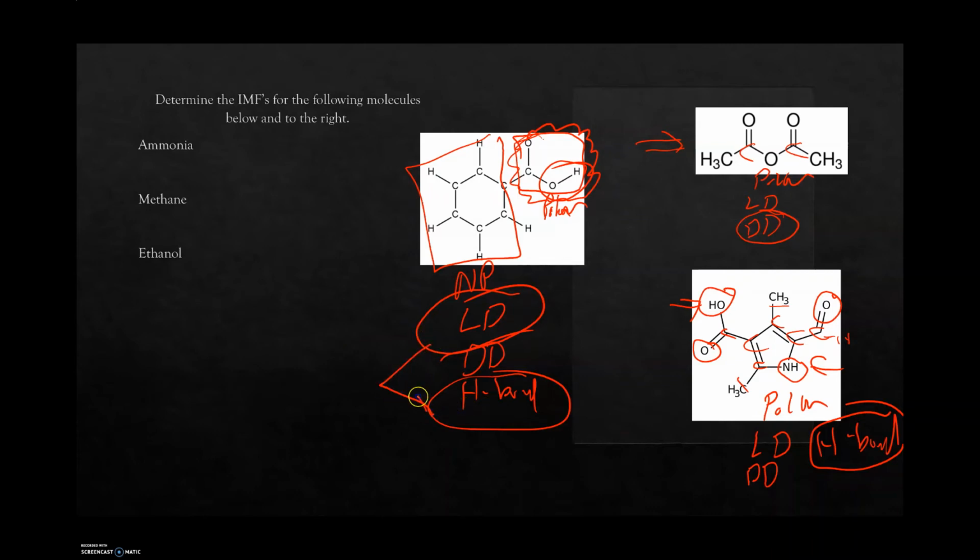But either one could be the right answer, and that's because of the size of the structure. But for the one on the right-hand side, it's very obvious that the hydrogen bonding is spread around the molecule, and that makes hydrogen bonding the dominant force.